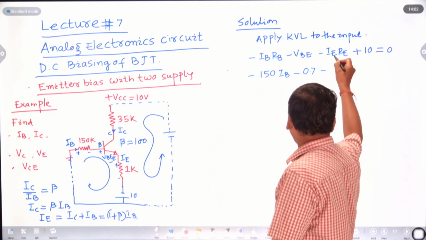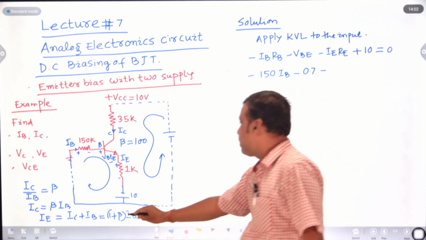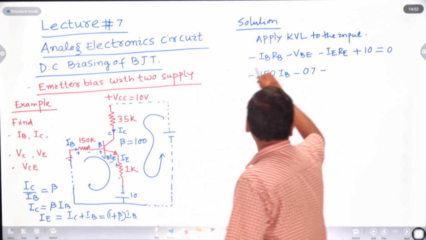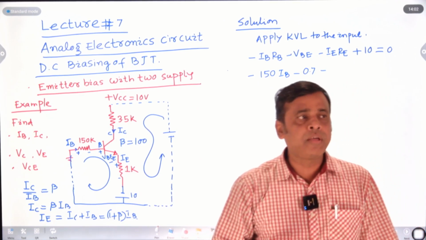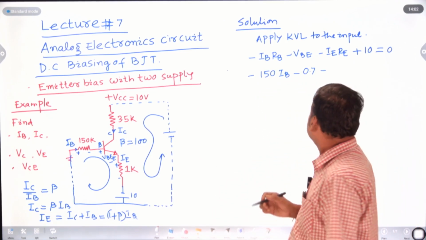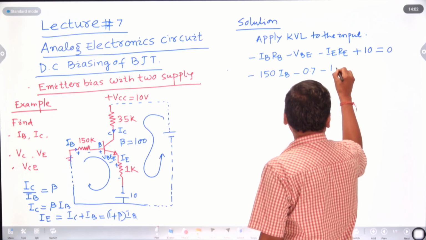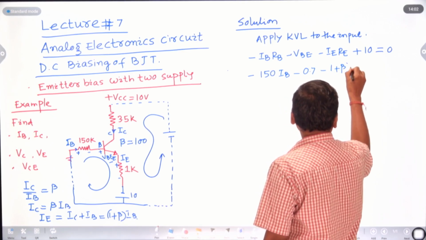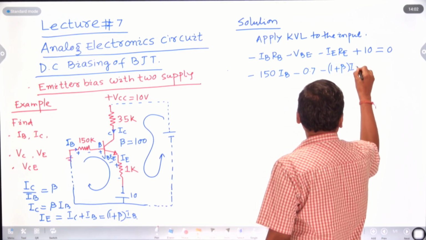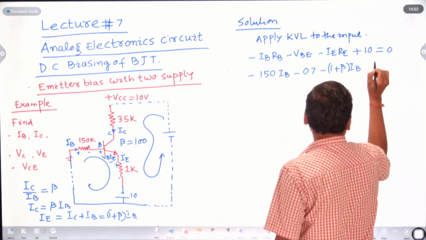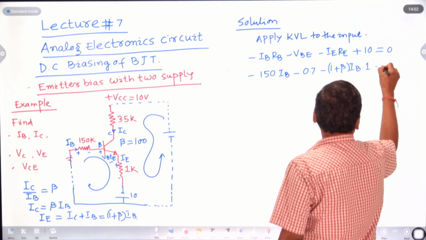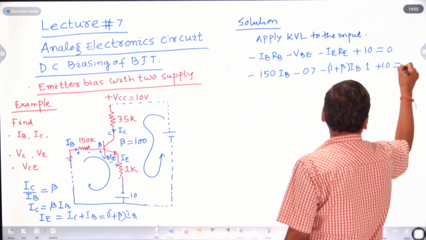If emitter current IE is given, IE equal to 1 plus beta times IB. So we have converted this equation in terms of IB so that the IB value can be determined. So minus IE here is 1 plus beta whole into IB into RE. RE value is 1 here.